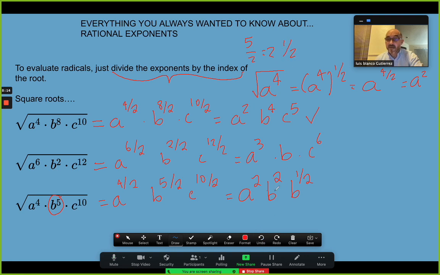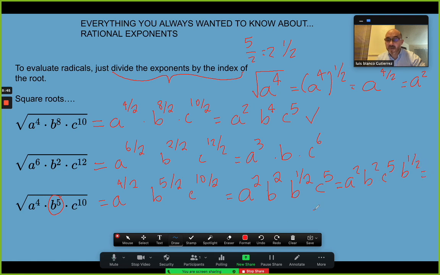So I cannot split the b with the exponent in 2. And then the other one is going to be c to the power of 5. So everything that is whole numbers goes in front. So a to the second, b to the second, c to the power of 5, and I have b to the 1/2, right?